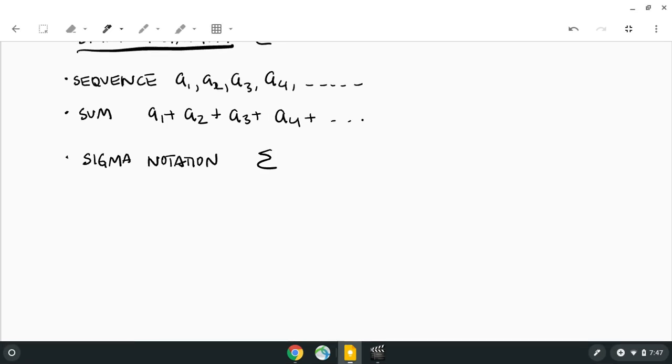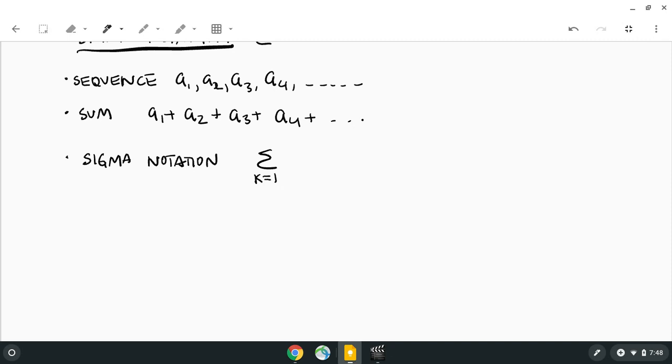This says find the sum. So that's a lot of words in one symbol. And it'll say starting from what term. This down below, k equals 1, tells us starting from what term.